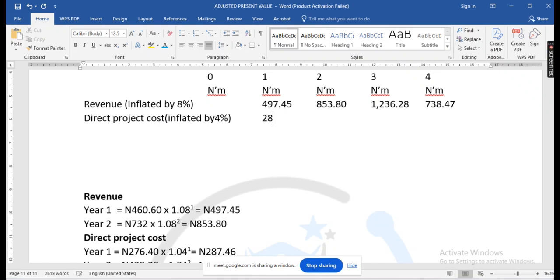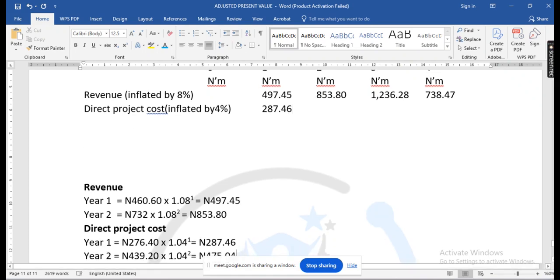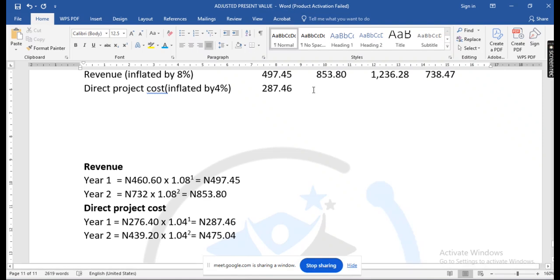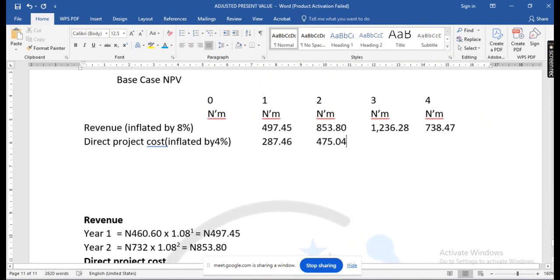So this is 287.46, right? This is 475.04. So what is the third year? The third year is what? 6.32.